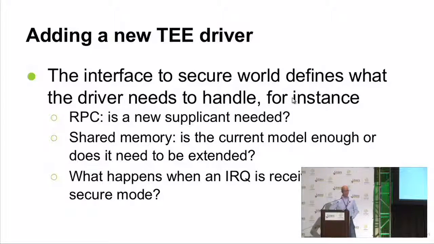And how are IRQs handled? Is it like in Opti, where if we get an IRQ, we switch back to normal world and let normal world handle it, or is it done in some different way? Those are things you need to consider.